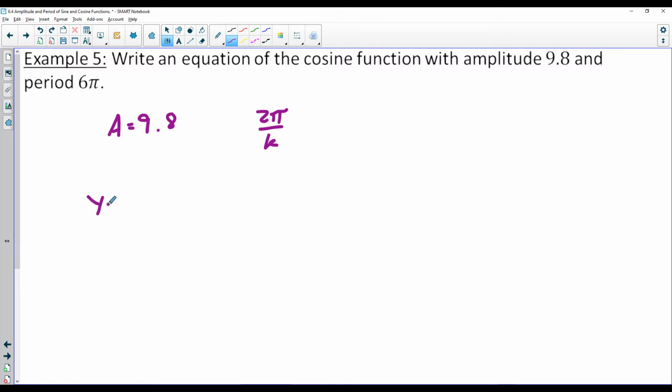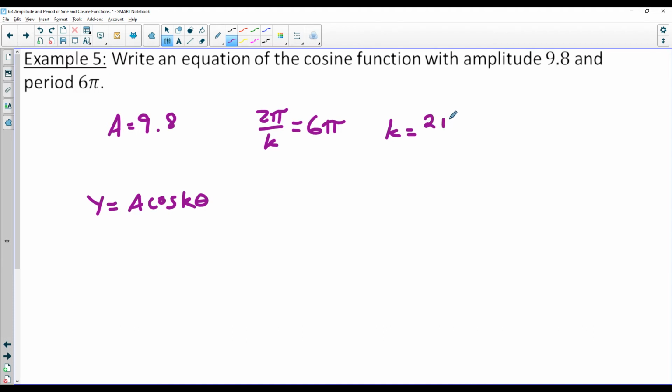Because we have y equals a cosine of k theta. We got a, we need to find k. We're saying that is 6 pi. So really, we need to multiply this k over and then divide the 6 pi over.